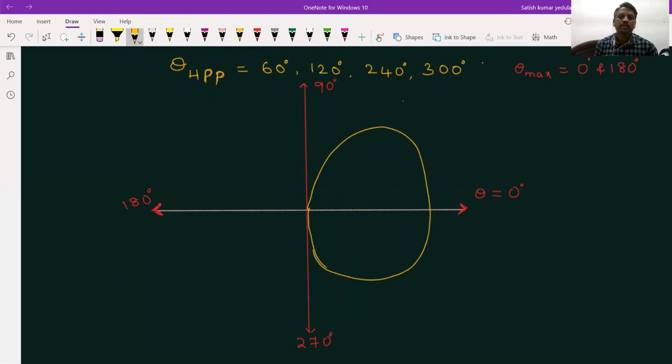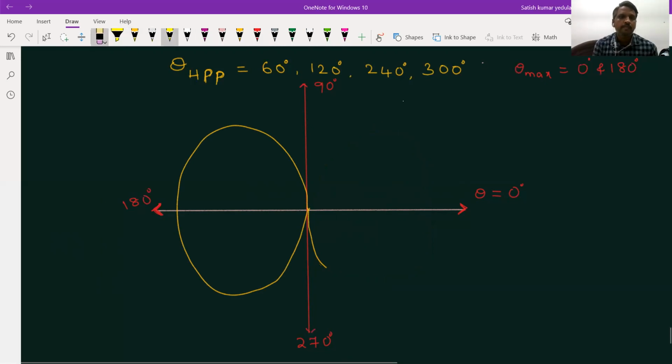You can take it even in a better way. So this is how the major lobes will be getting drawn along 0 and 180.